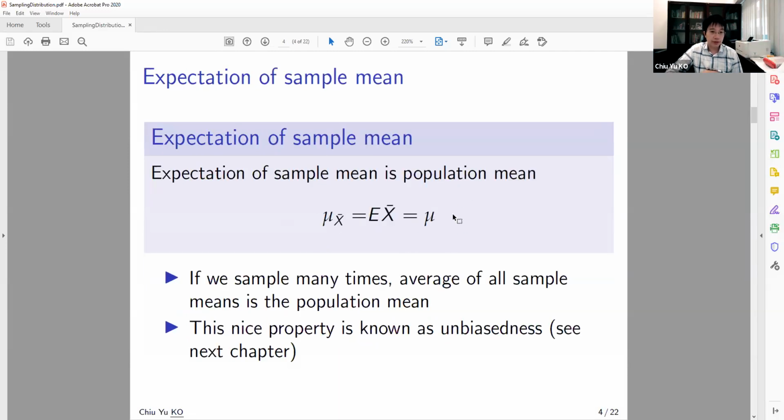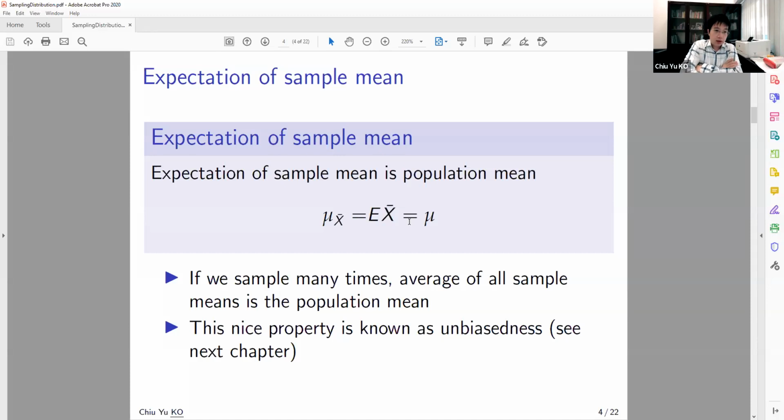After the break we will prove why this random variable has an expectation equal to the population mean. It means that if you compute the sample mean over many samples, the average of those will be equal to the population mean. So the sample mean is a good way to estimate the population mean.